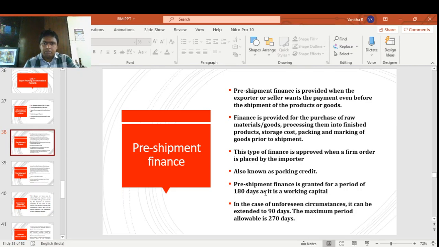Then the third point: this type of finance is approved when an organization or a manufacturing company which builds and tries to export these goods also.